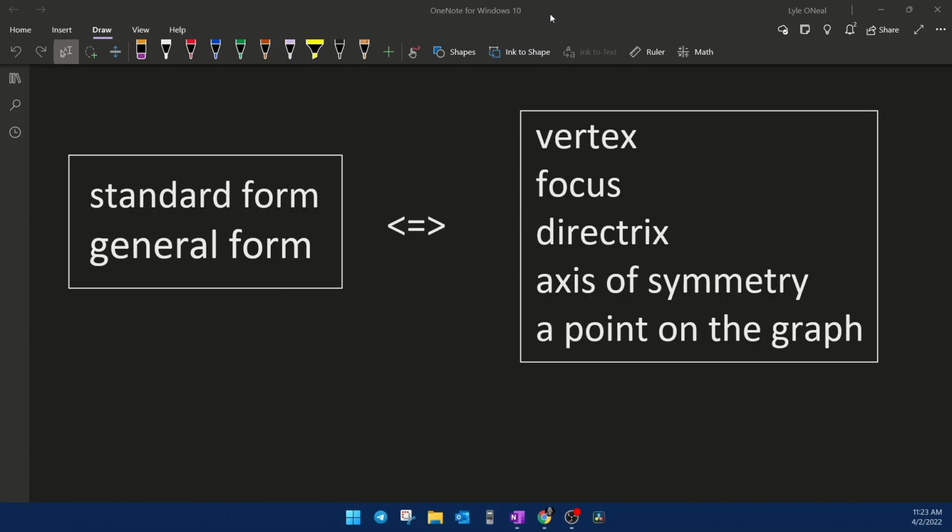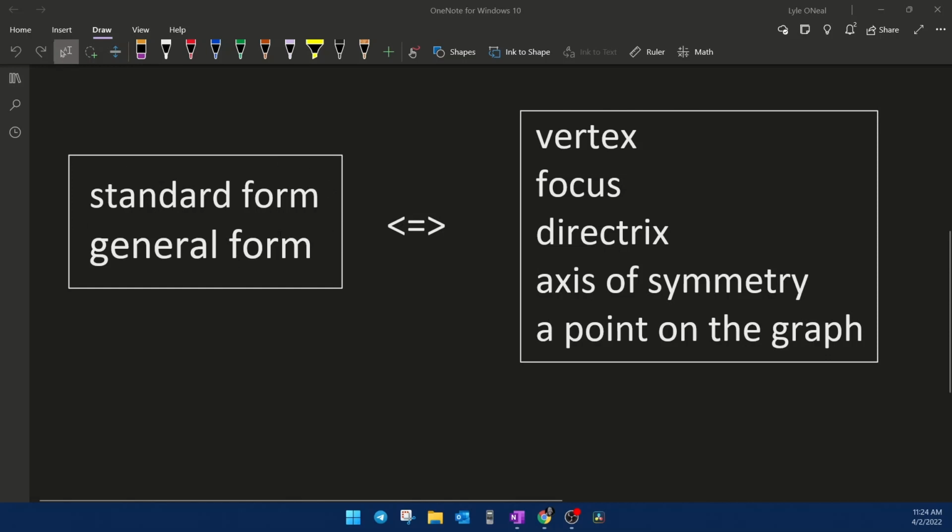Now let's talk about what you're going to be required to know how to do as it relates to parabolas. The first thing is we have equations of parabolas that can be in either standard form or general form, and you will need to know how to convert back and forth between these two forms.